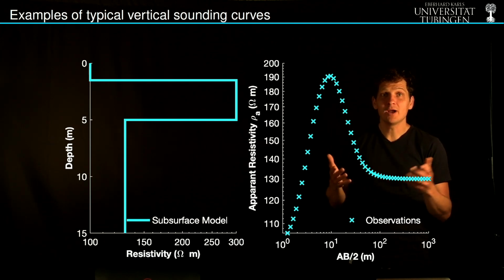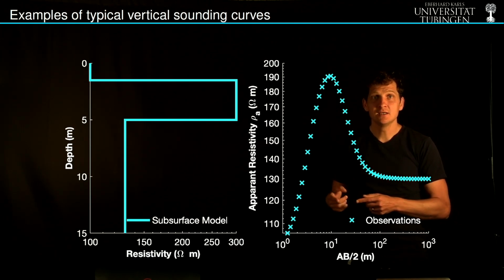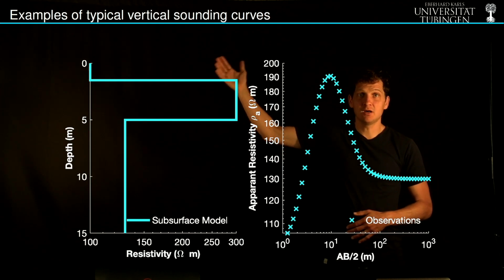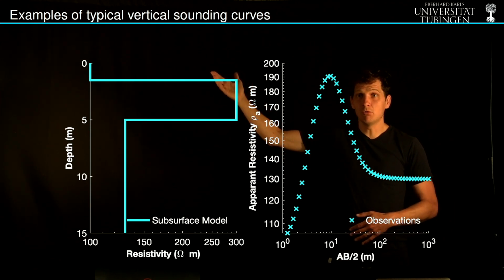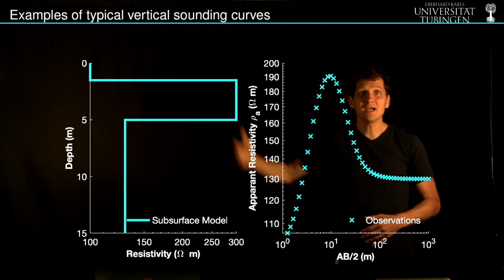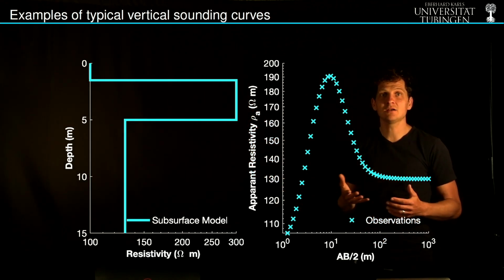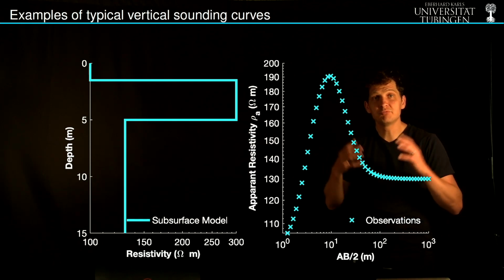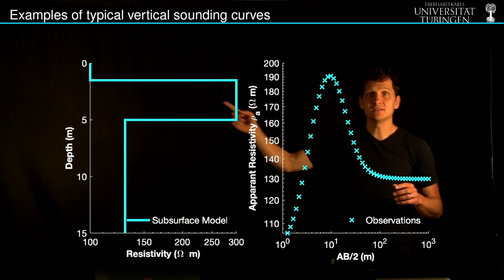Well, for any given electrode spacing, you will always have some averaging of the shallower, more conductive layer and also the deeper layer. Yeah? So you never really have any kind of electrode spacing which would be purely sensitive to this sandwiched layer.